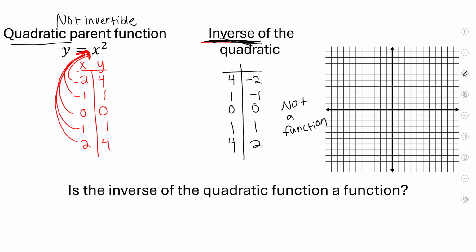Guys, let's go ahead and graph these. The original function right here, -2, 4, go ahead and graph it on your own. -1, 1, 0, 0, 1, 1, 2, 4. This is the original graph. It's a quadratic.